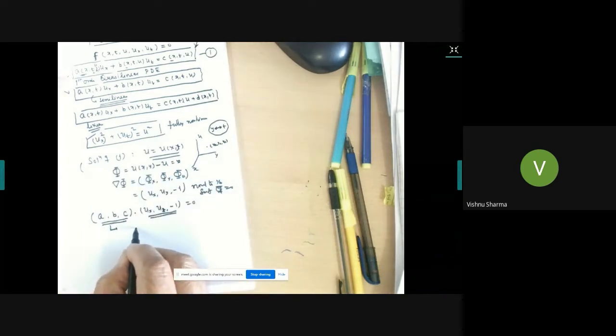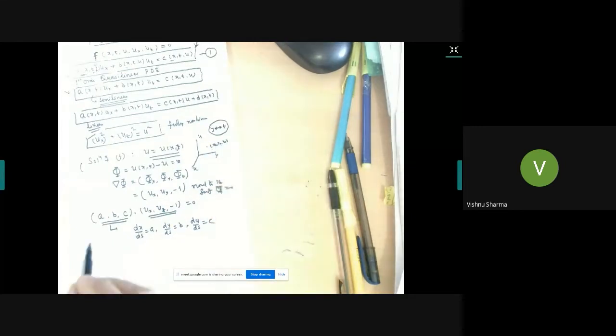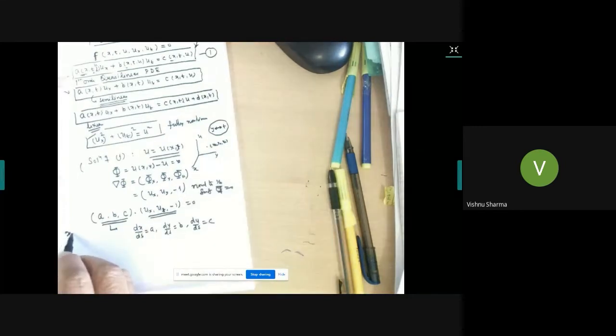This means that dx/ds is A, dy/ds is B, and du/ds is C. So this is the curve which is generated. This is the parametric representation of that curve: x, y (or t, it's one and the same thing), and u as a function of s. This is some curve, is that right?